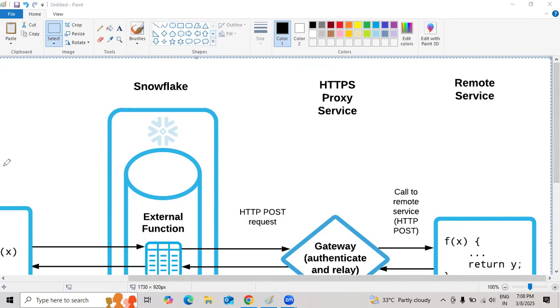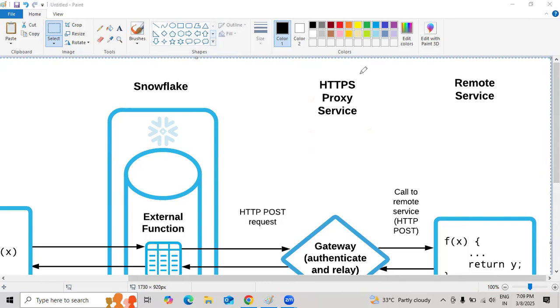The next point is the proxy service, which is an HTTP proxy service. These proxy services majorly sit in front of the remote services, so that we can increase security by authenticating requests to the remote services.